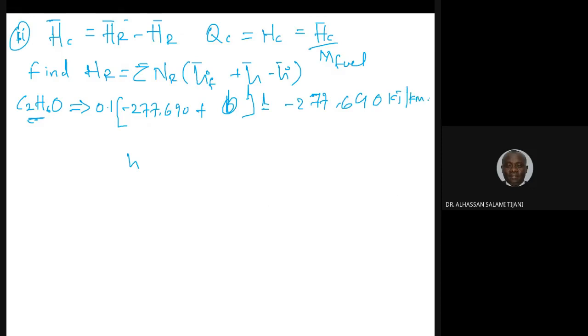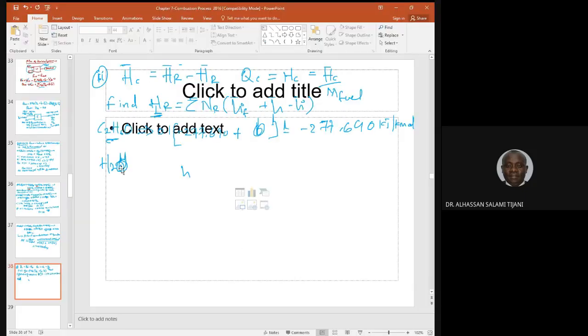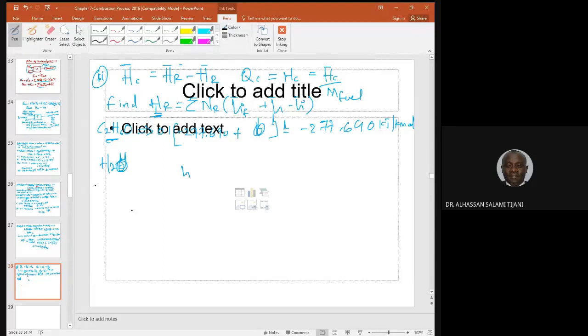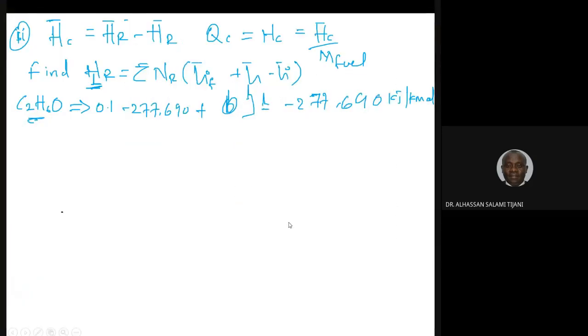Now, next, if you want to determine the enthalpy of the reaction for water, we have a situation like this.